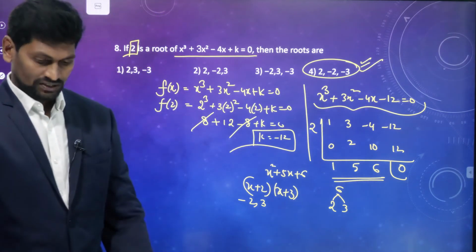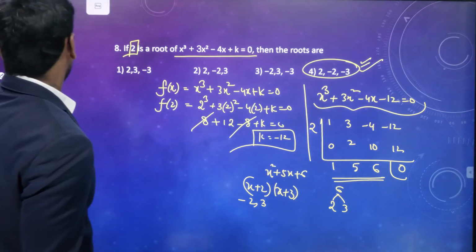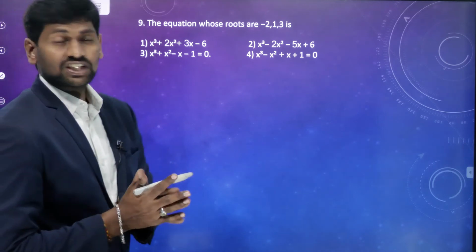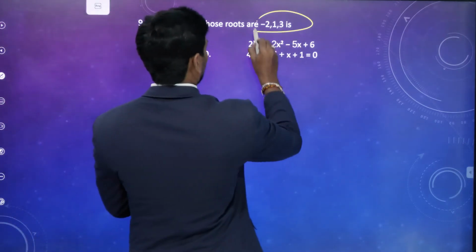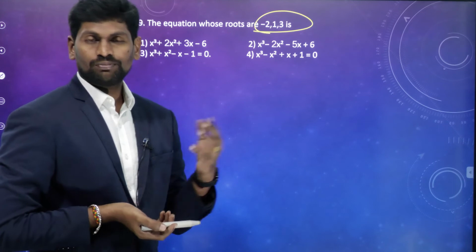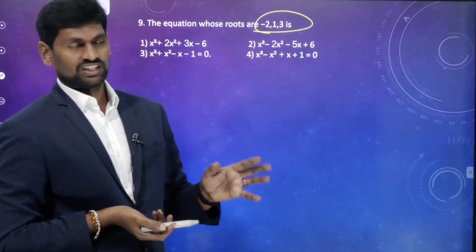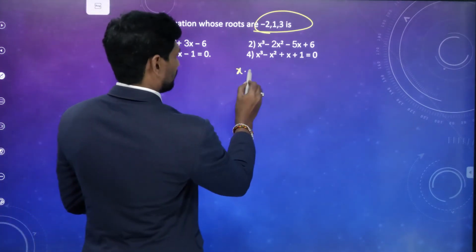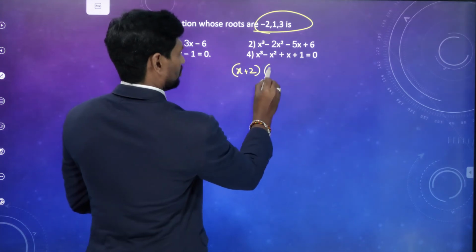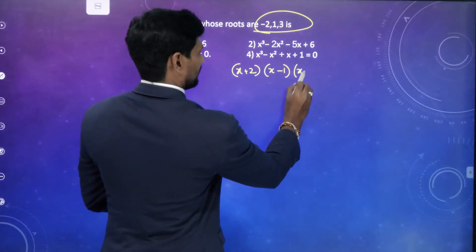Let us go to the next question. The roots are given, 3 roots. How to do it? x minus alpha into x minus beta into x minus gamma. So let us simplify this as early as possible. That means x plus 2, x minus 1, x minus 3.